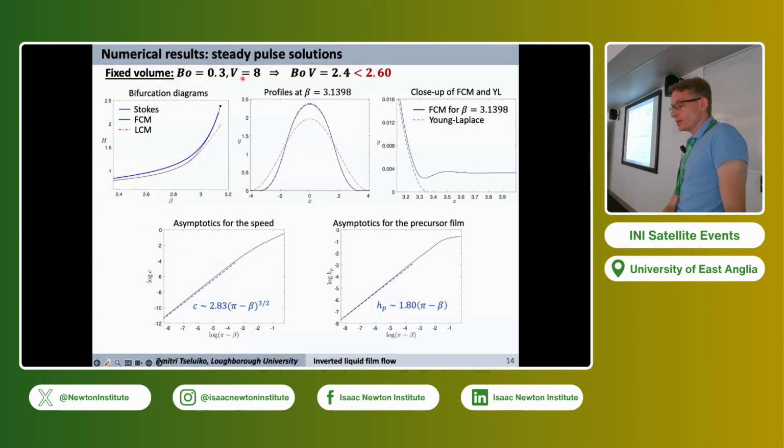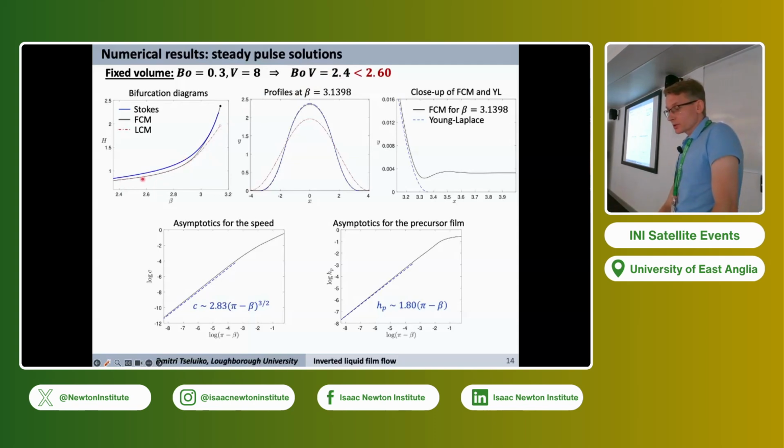The first case represented here is the fixed volume case when the Bond number is equal to 0.3 and the volume is 8, so that the scaled volume, the product of Bond number and volume, is 2.4, which is less than the critical value 2.6, so that the limiting Young-Laplace solution exists. Indeed, in this case, solutions can be continued all the way to pi.